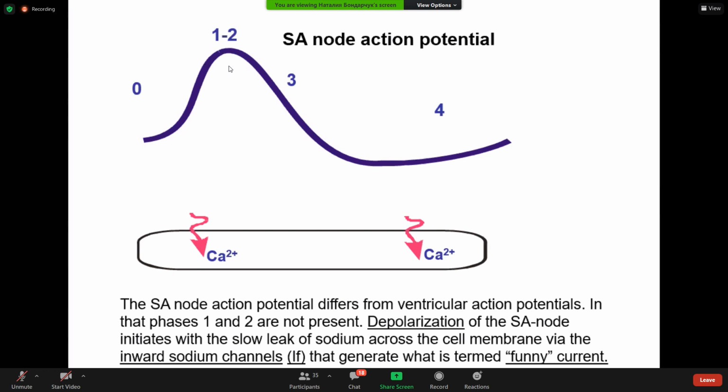Depolarization of the sinoatrial node initiates with the slow leak of sodium across the cell membrane by the inward sodium channels. Such sodium channels are called funny channels. So inward sodium channels generate the so-called funny currents.